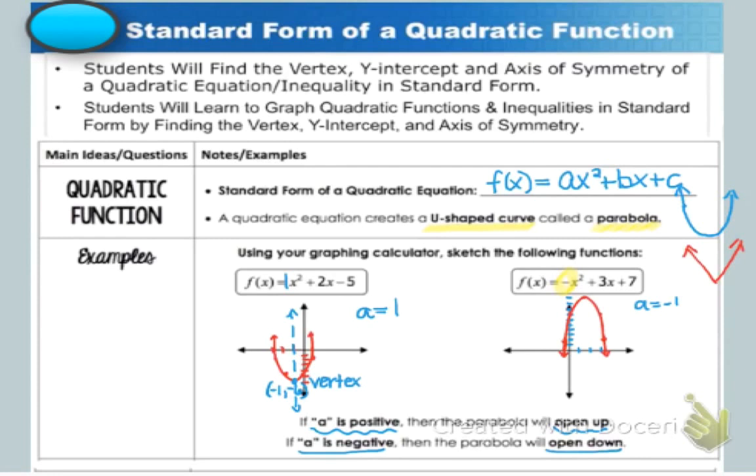So it's very similar to that absolute value. When we had a negative out in front of the absolute value, it reflected the absolute value graph downward. And that does the same thing with our parabola. So if our leading coefficient, or that a, which is the coefficient of the x squared, is negative, your parabola will open downward, a sad face parabola.